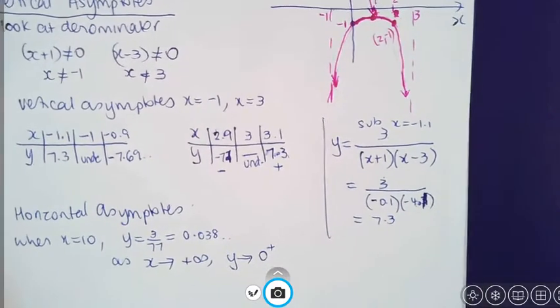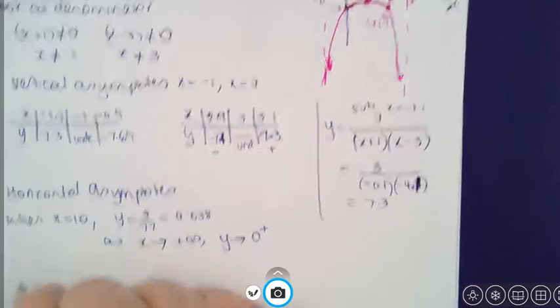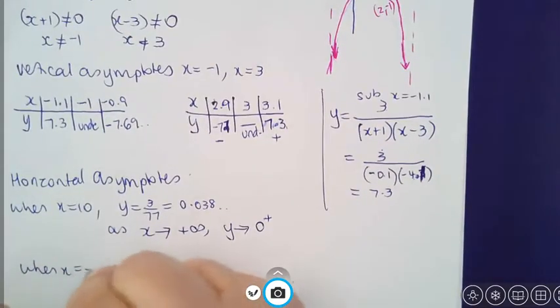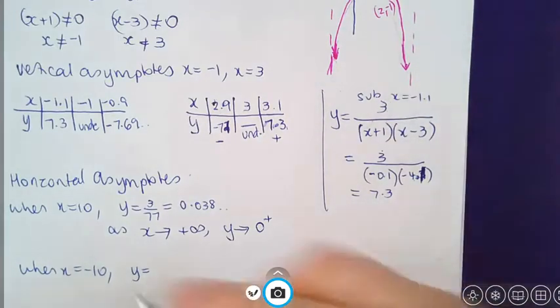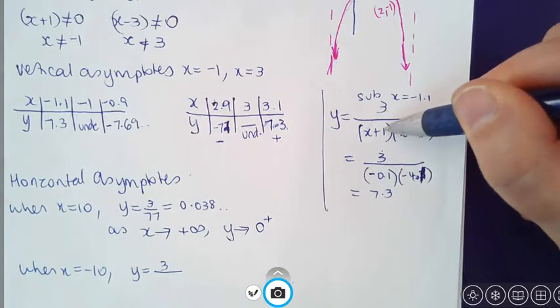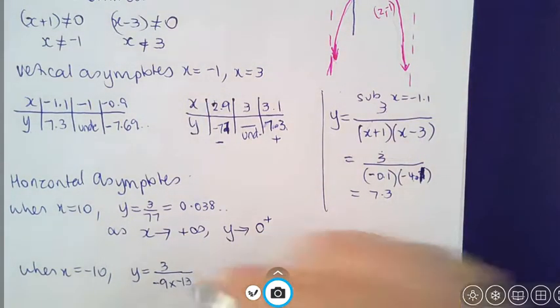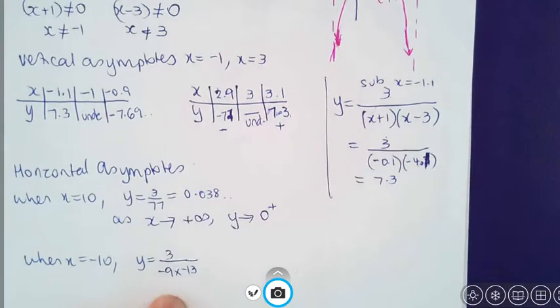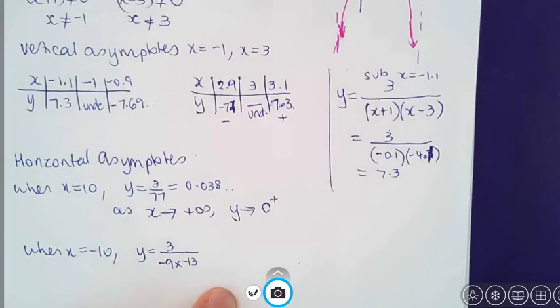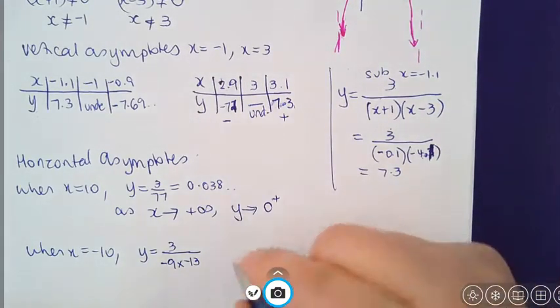Yeah? So I'm going to go to my graph in a minute, and I'm going to put that on. And then when x is negative 10, girls, I'm just going to look at it. It's going to be 3 over, what's negative 10 plus 1? That's negative 9. All right, I don't know what negative 9 times negative 13 is, so I'll just put that there. But girls, wait. Is it going to be a positive answer? See what you get.